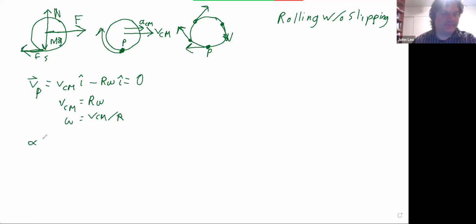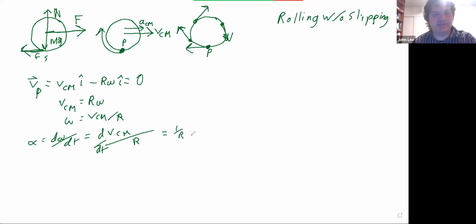And then alpha is d omega dt, which is d V center of mass over R dt. Because R is a constant, that's just 1 over R times d V center of mass dt, which equals alpha, or 1 over R times the acceleration of the center of mass.